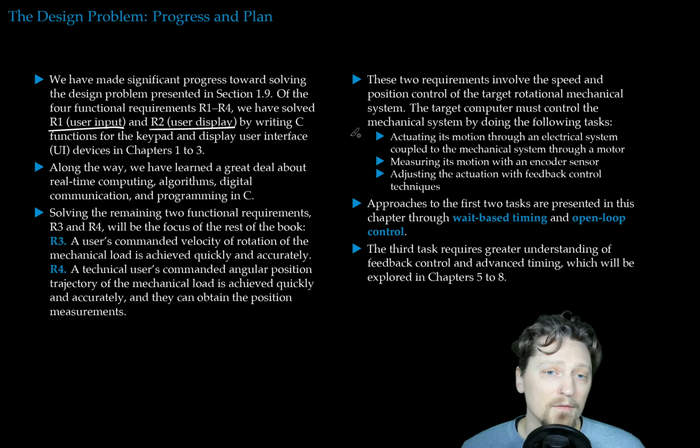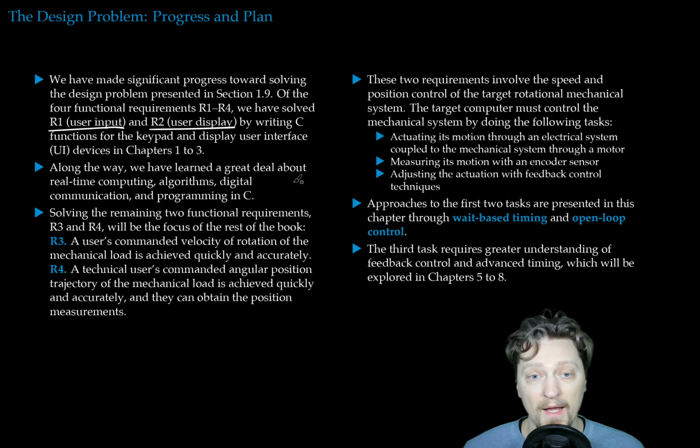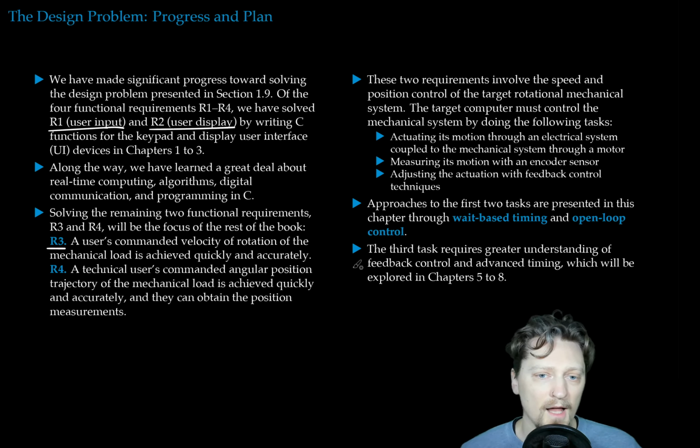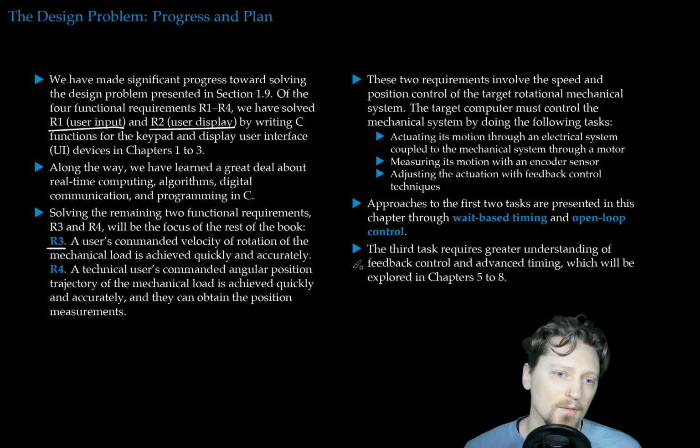Along the way, we have learned a great deal about real-time computing, algorithms, digital communication, and programming in C. Solving the remaining two functional requirements, R3 and R4, will be the focus of the rest of the book. R3 is, to remind ourselves, a user's commanded velocity of rotation of the mechanical load is achieved quickly and accurately for our target system.